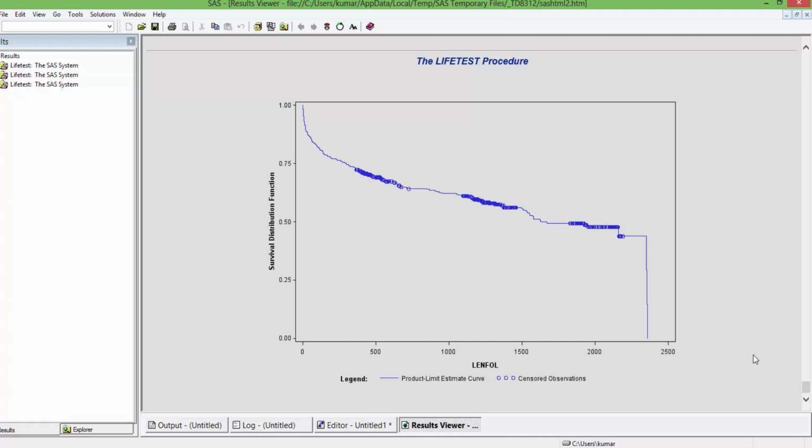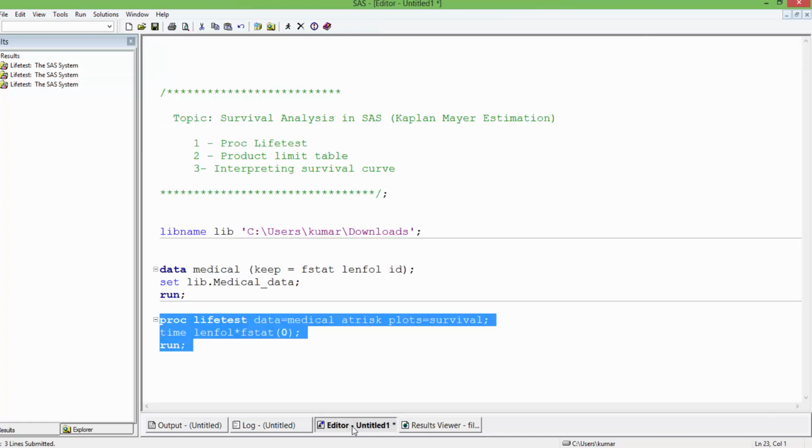The only things we need are the status of the patient and the length of time followed. So there are two variables, and then we just plot it by taking the unconditional probability. That is all we are doing here, and Kaplan estimation is the one we are using. Very simple but very powerful analysis.